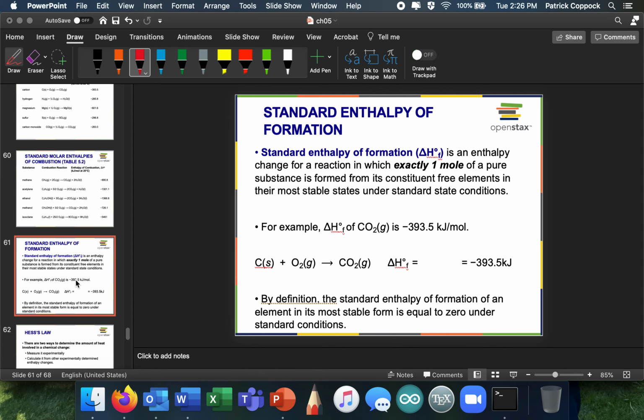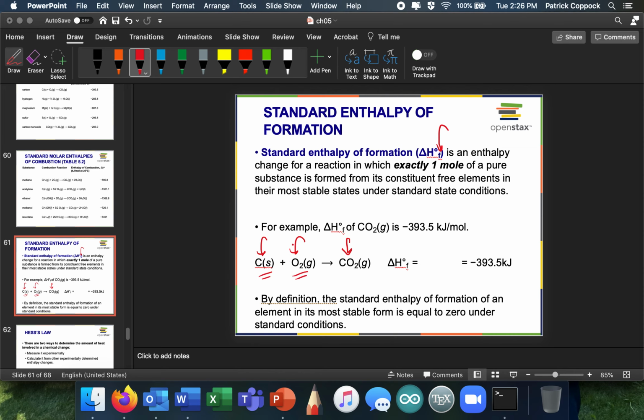The standard enthalpy of formation is given with a little f right there, and I think it's more accessible, easier. The standard enthalpy of formation is defined as the enthalpy it takes to make 1 mole of a compound from its components in their standard states. Carbon's standard state is a solid.